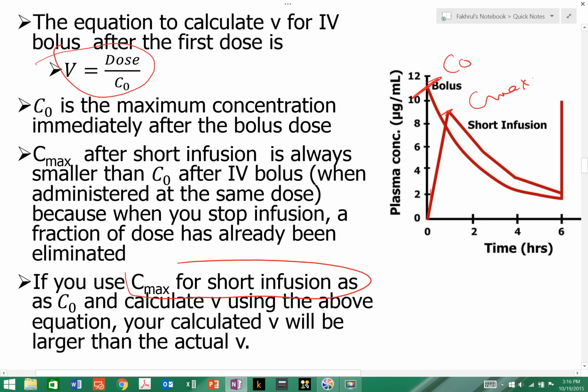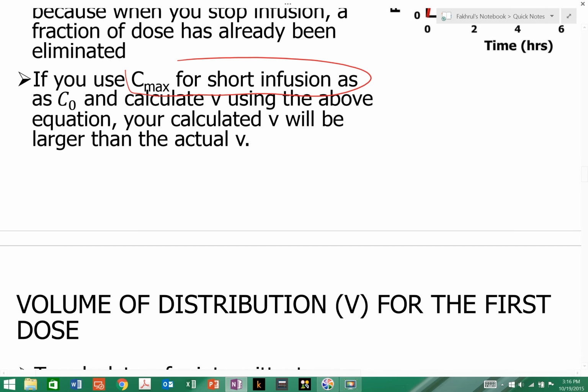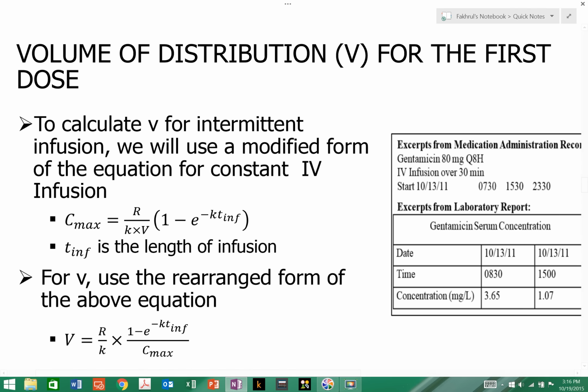One of the problems with short infusion is that during the infusion time, some of the drug gets eliminated. For this reason Cmax is usually smaller than C0, and when you use this to calculate, your volume of distribution is going to be inflated.